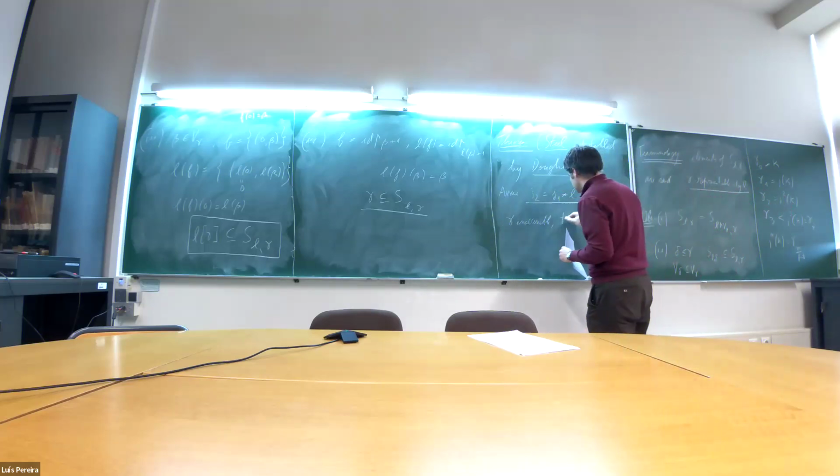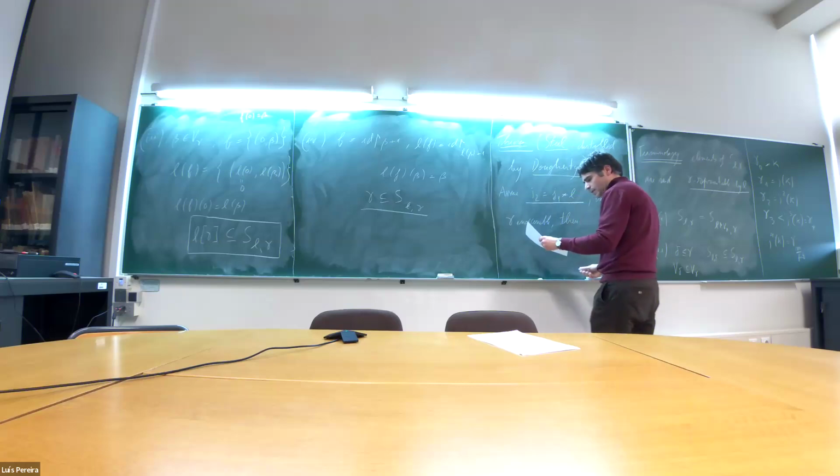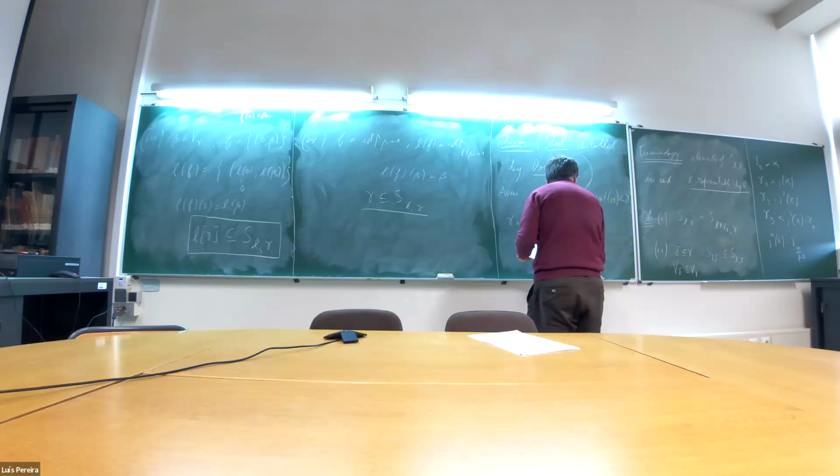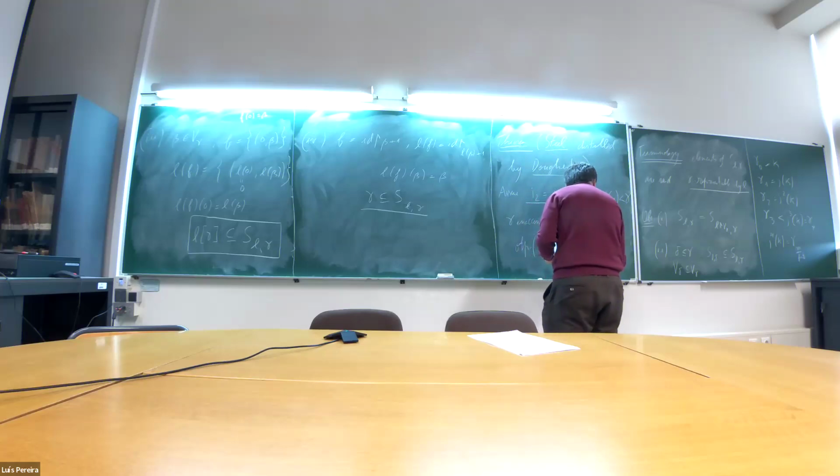Then the order type of S J1 gamma is strictly bigger than the order type of S J2 gamma.